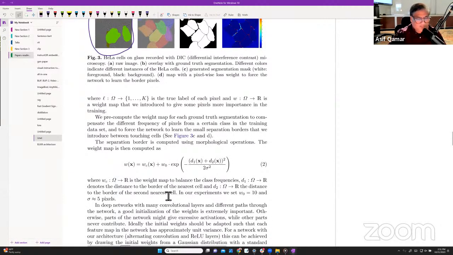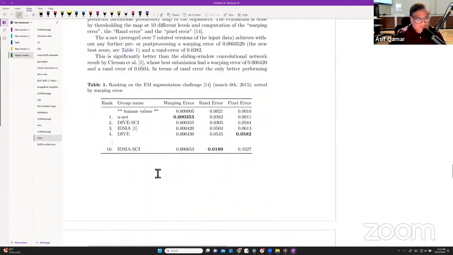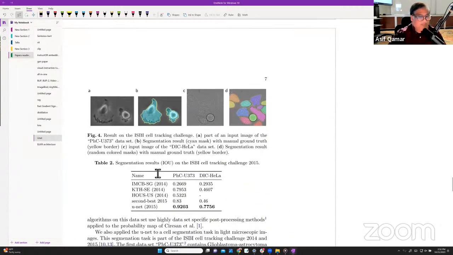It's quite straightforward, it's just a bell curve and so on and so forth, but I'll explain it to you in a more intuitive way. Here, by the way, it's much more obvious. Look at this image. The two cells, these are the two masks. Okay. And segmentation results with manual ground truth.